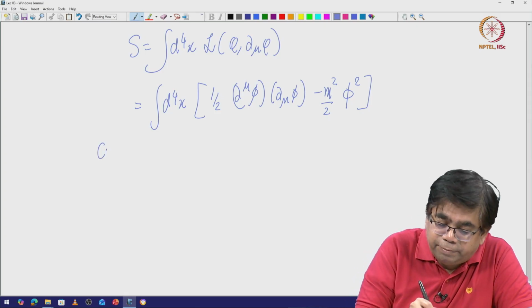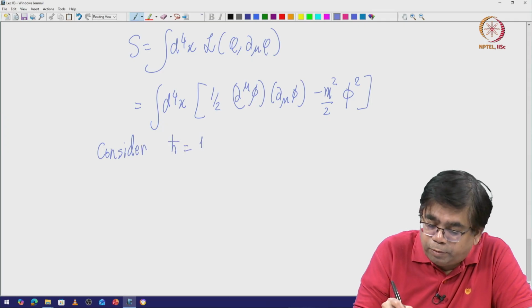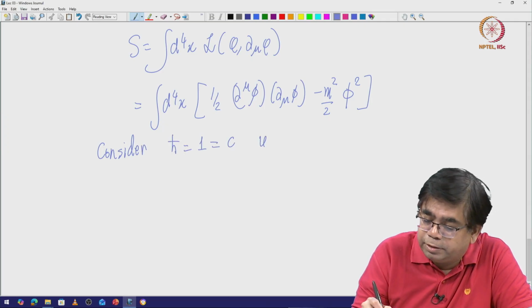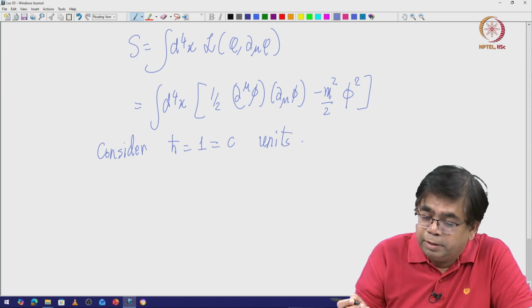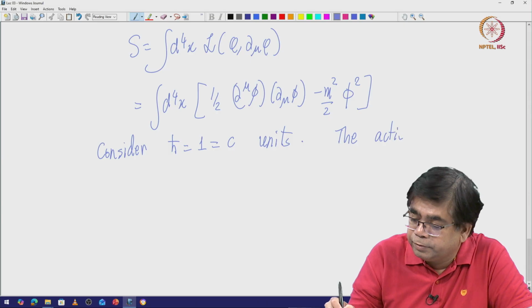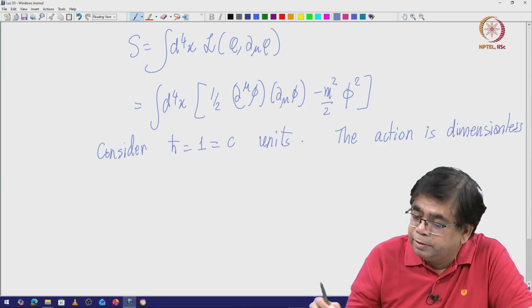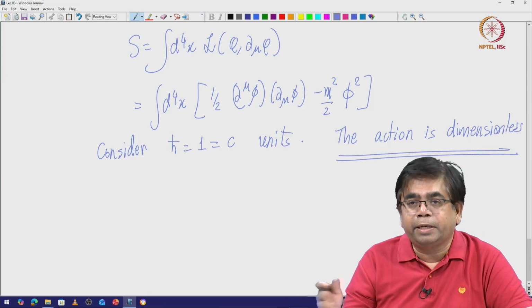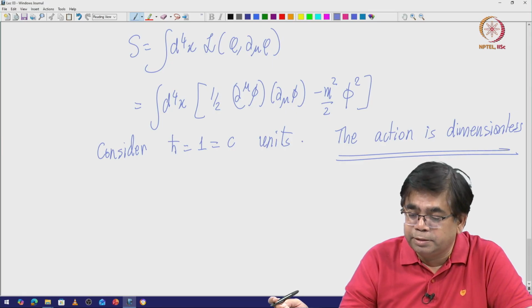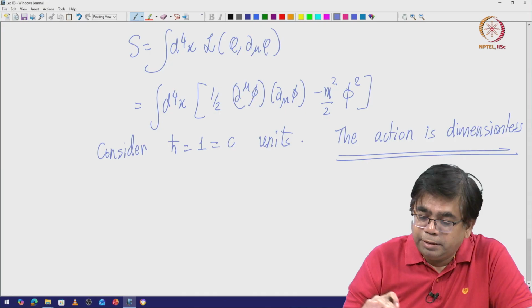Now consider, we go back to our h cross equal to c equal to 1 units, which are natural units. In these units the action is dimensionless. There are various reasons why it should be dimensionless in these units.